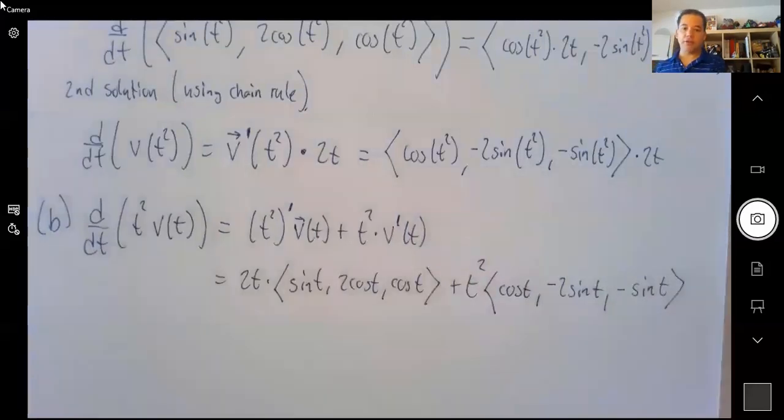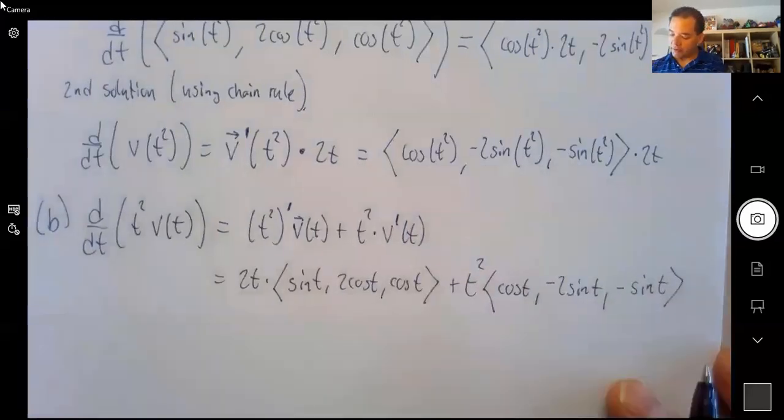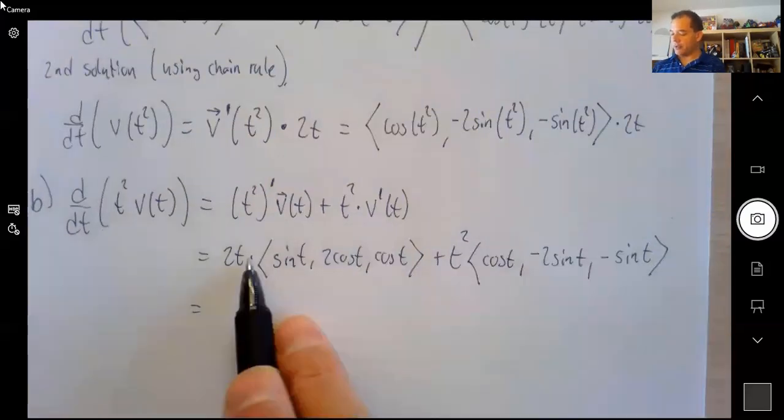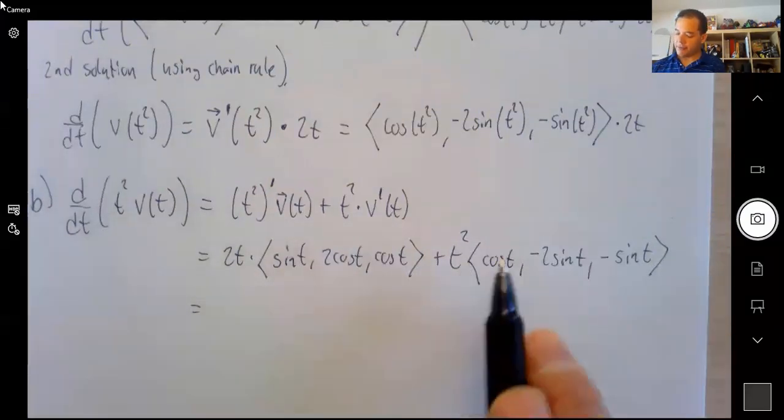And that's it. You could leave it like that if you wanted to, or not. If you don't want to leave it like this, then you need to multiply these two, and then multiply these two and add them, and so on, right?